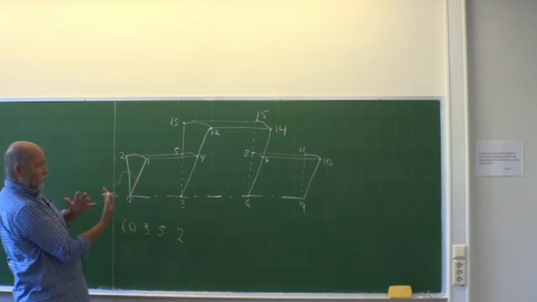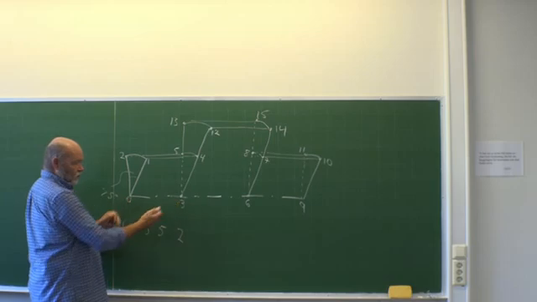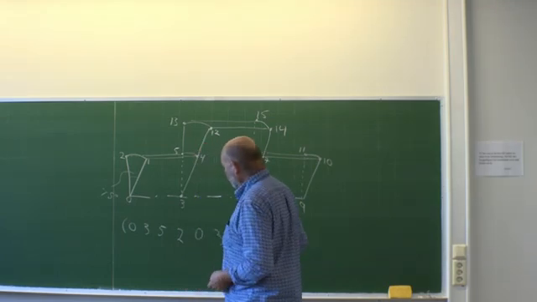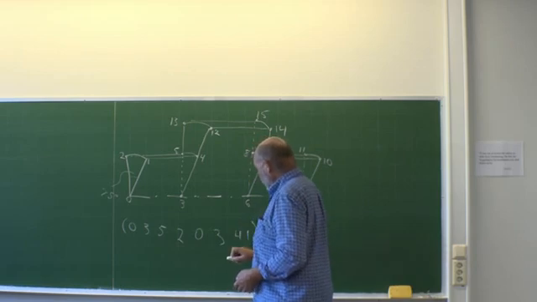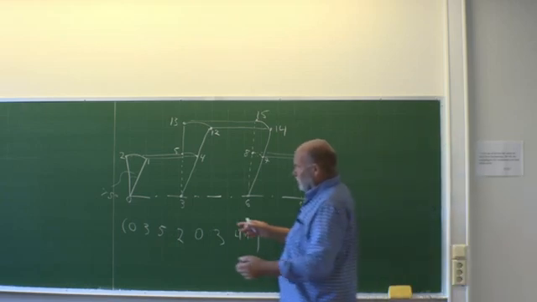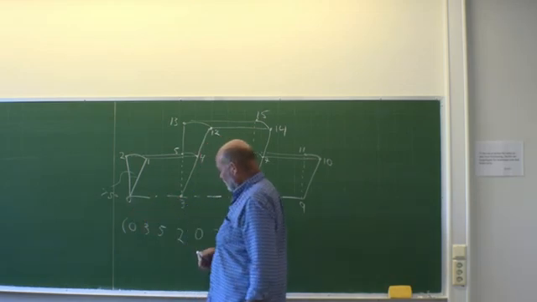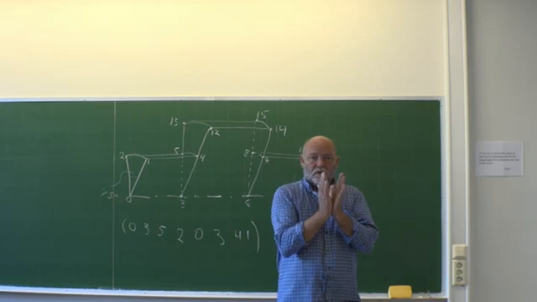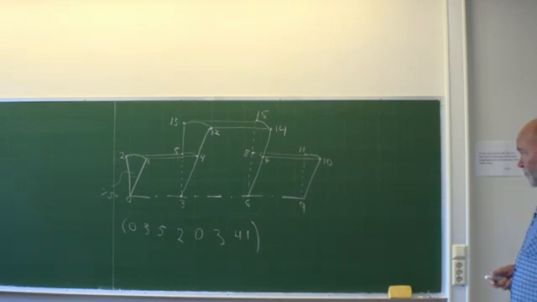And then I need the front plate, but then I use 0 and 3 again, 0 and 3, and then finally 4 and 1. So that's the logic here. Normally you would have a block where you had 4 points downstairs, but we reuse 0 and 3 just to make a wedge out of it. So that's the philosophy.